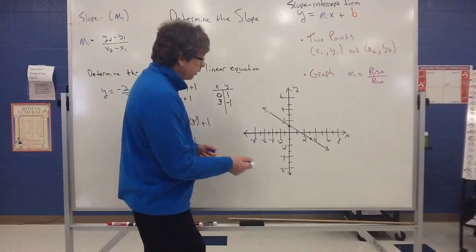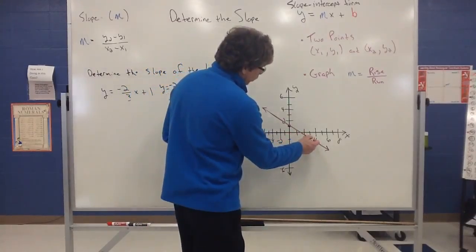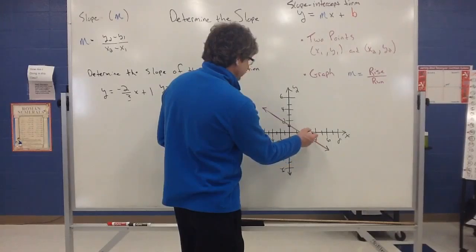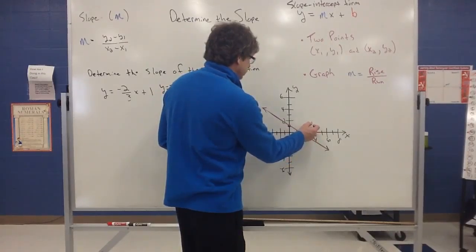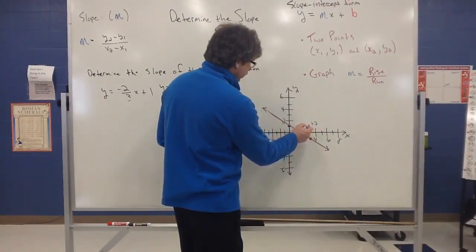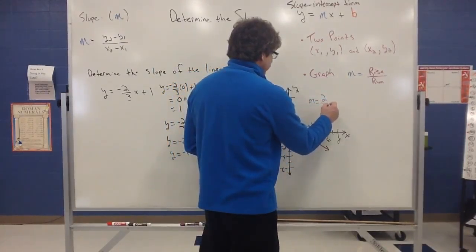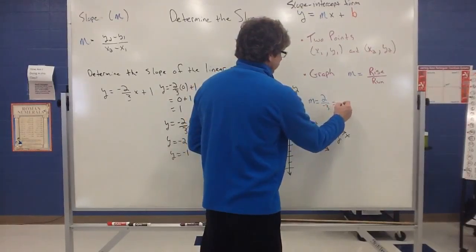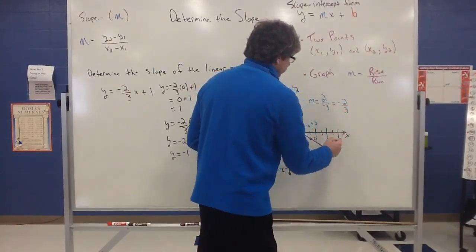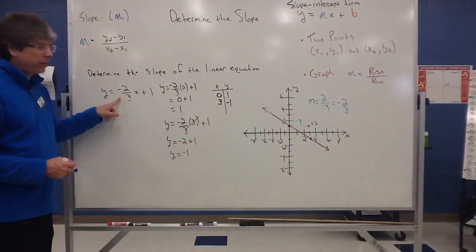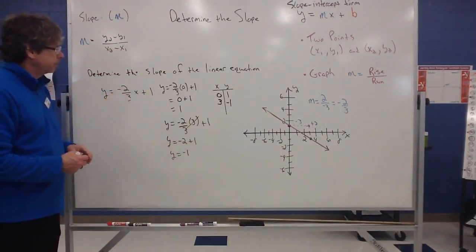If we use our rise and run, starting from one of the points, if I rise up from negative 1, I got to rise up 1, 2, so I got to go up 2. And I got to run over to the left 3, so it's a negative 3. So what I'm picking up on is my slope is 2 over negative 3, which we can also write simply as negative 2/3. And so that is playing out to be the slope that we figured it should be.